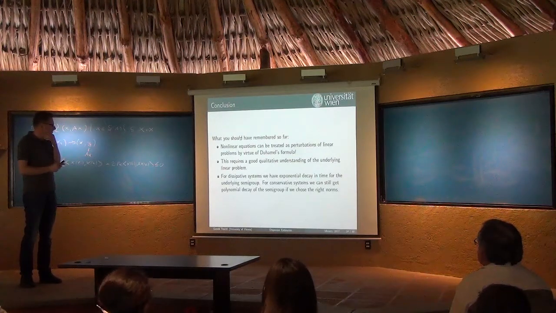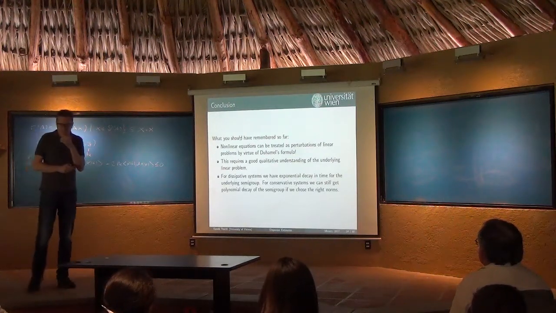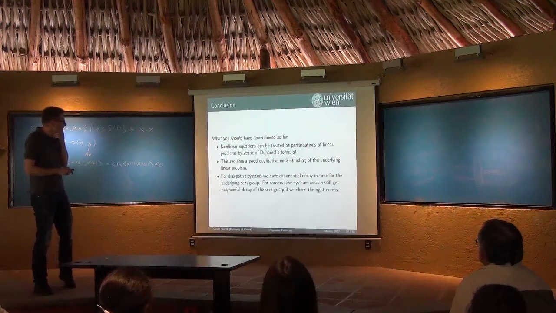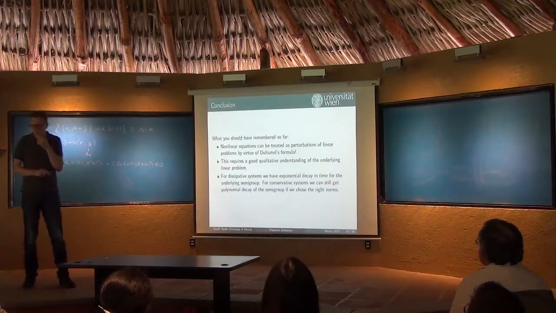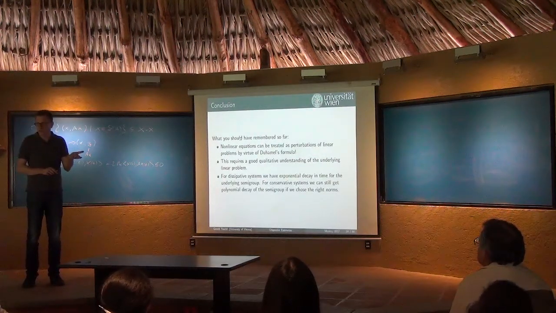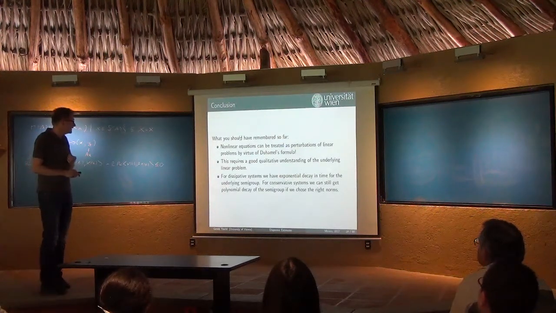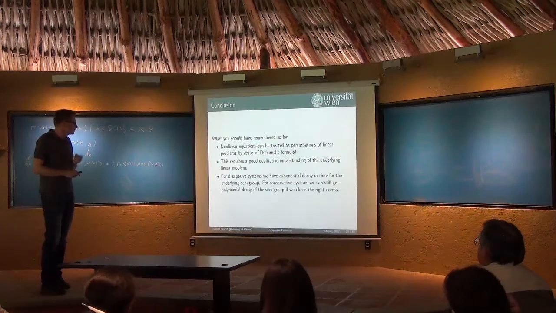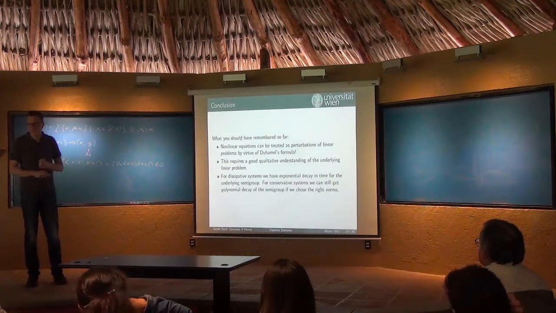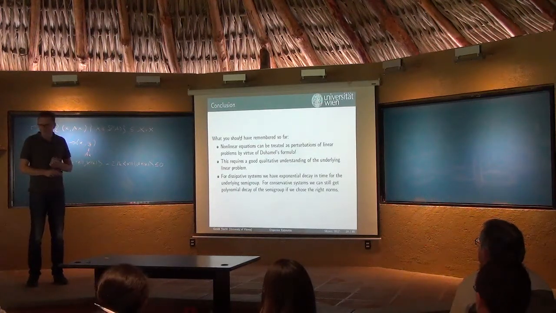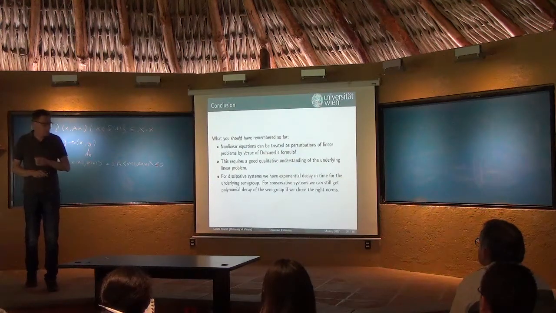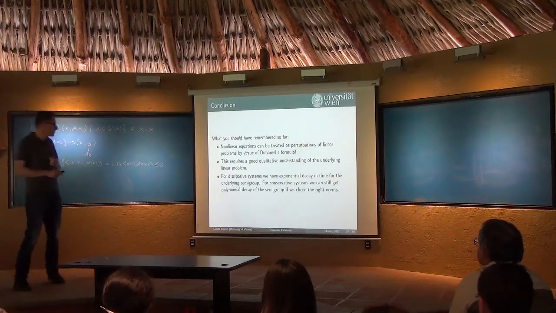Okay, so let me draw some conclusions from this. First thing is you can treat nonlinear equations as perturbations using this Duhamel formula. Okay, so that's the main ingredient. That's usually the starting point. If you want to do this, you need a good qualitative understanding of the underlying linear problem, plus you need some good estimates for this linear problem.